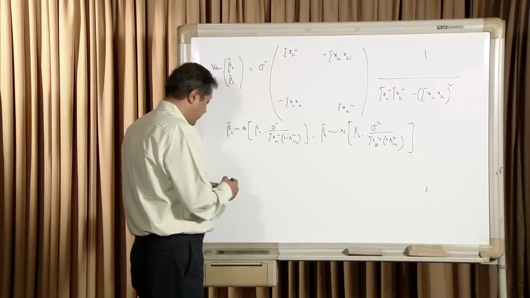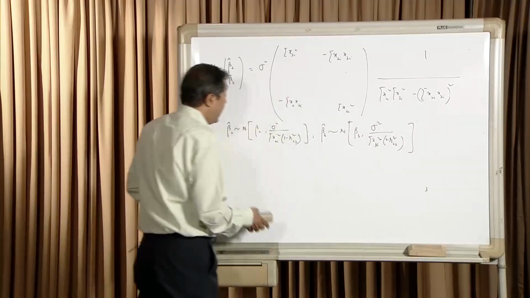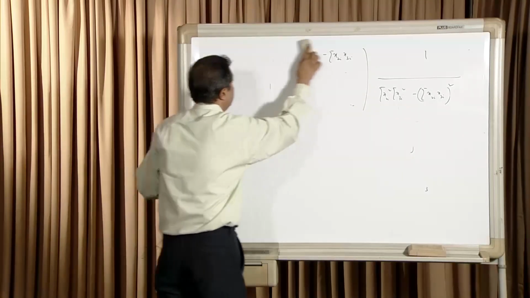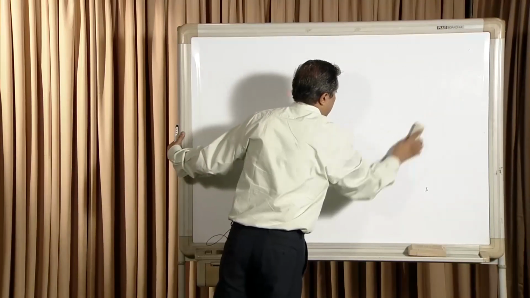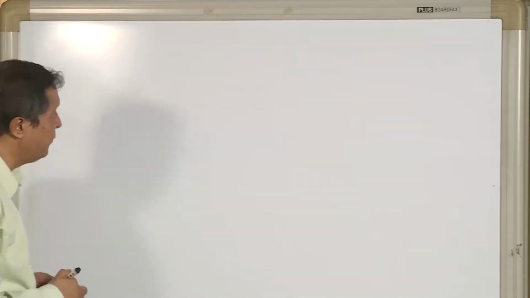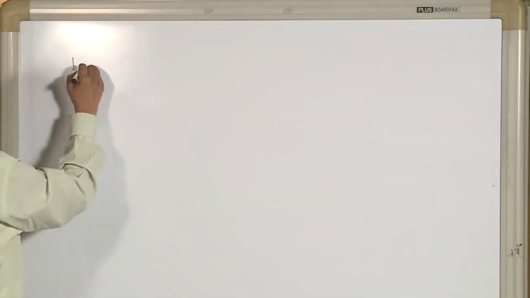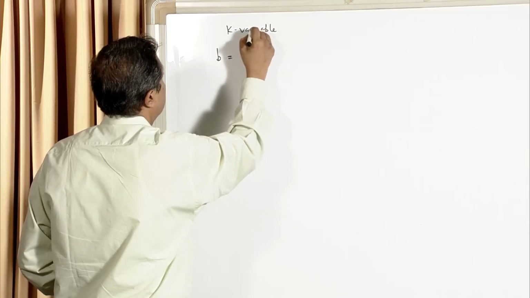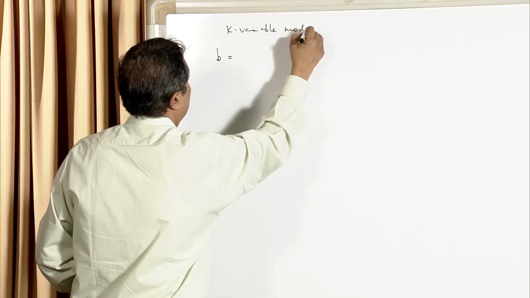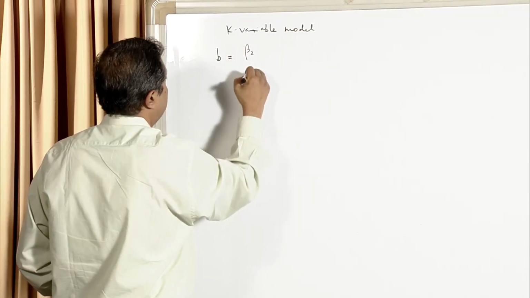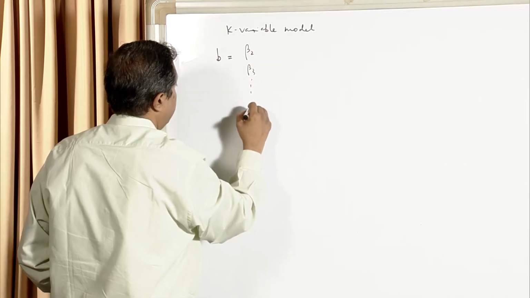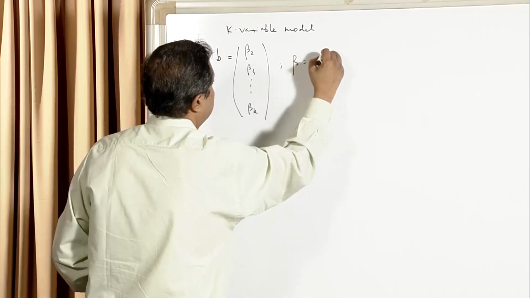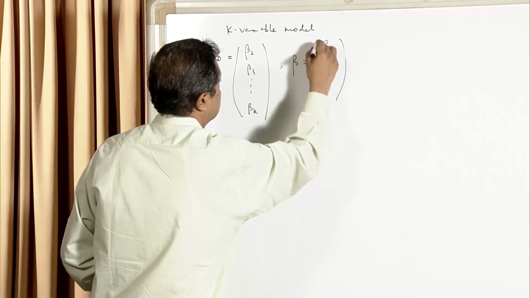Now, finally, if we take a look at the k variable model, then these results generalize very easily. So, for the k variable model, if we go by the deviation form, then b will be beta 2, beta 3 up to beta k, and beta will be beta 1 and b.